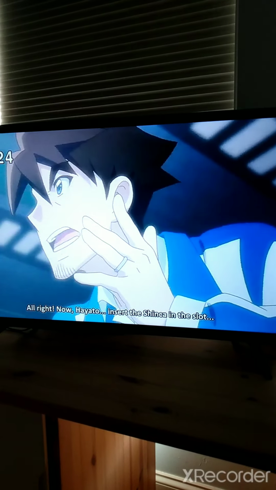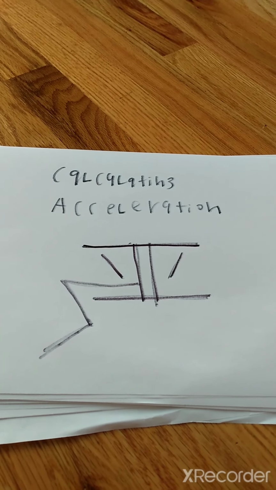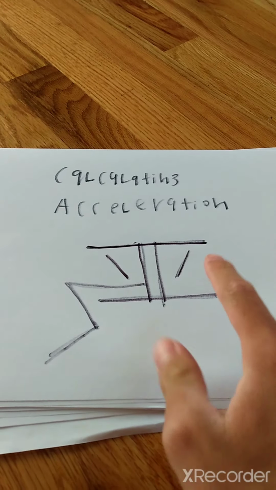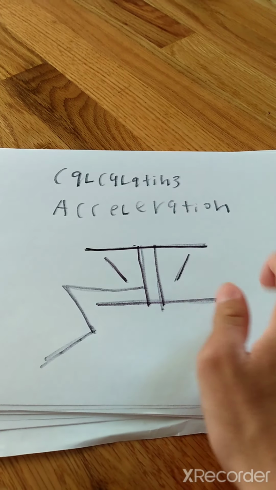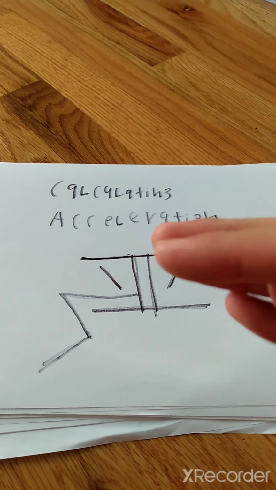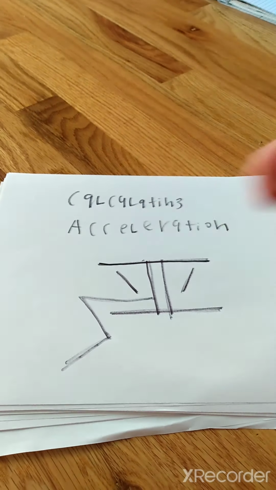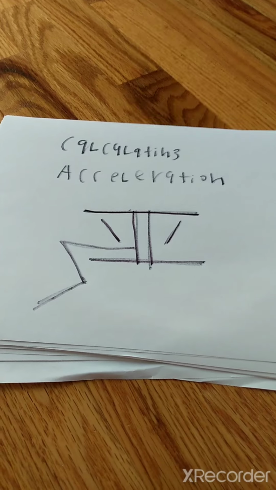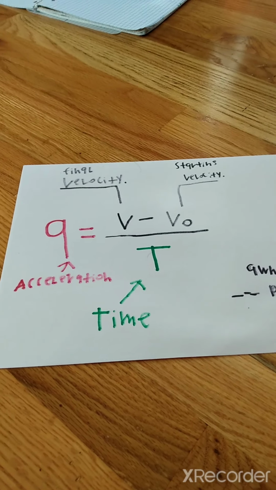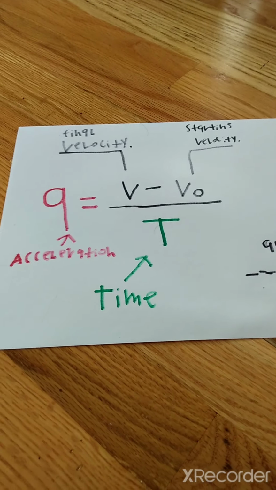So, that Shinkansen, also known as a Japanese train. What we're going to try to find out is the acceleration of that train, because you saw in the video how the train was getting faster and faster. To calculate the Shinkansen's acceleration, there is a formula that we're going to use.